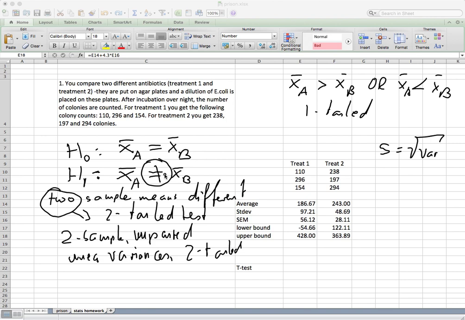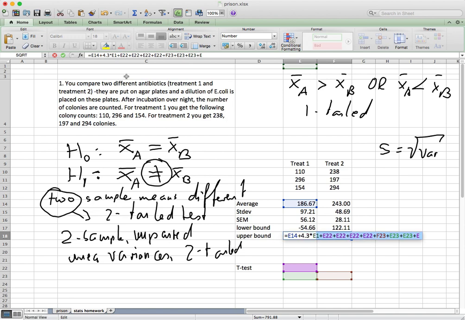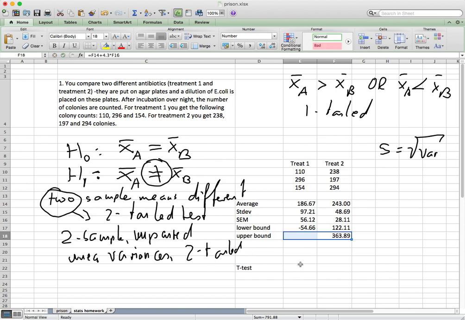So let's quickly do this calculation. What we want to do in Excel is a t-test, so equals.